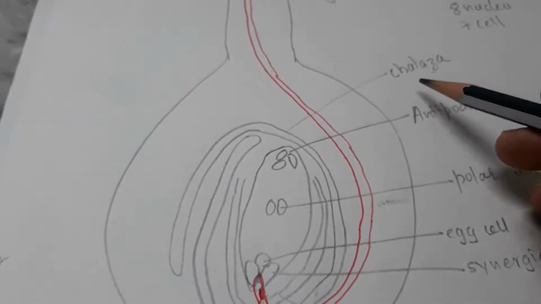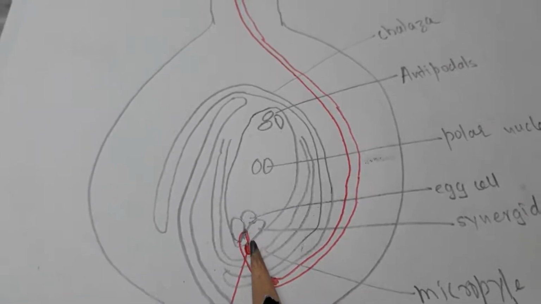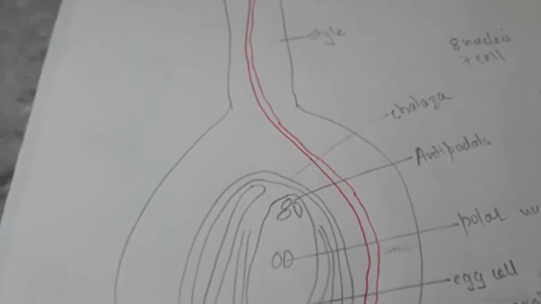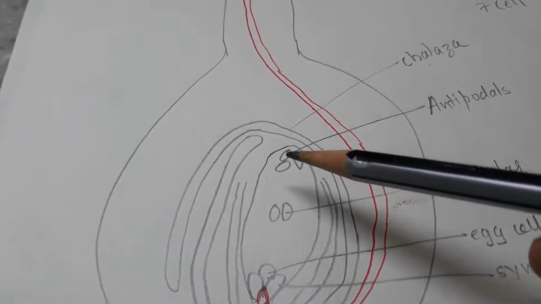So this is the chalaza end, and because the micropyle, the pore, is here, it is called the micropyle end.